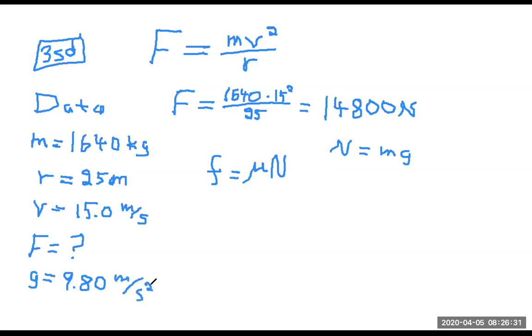Okay, so I could calculate mu if I knew the friction force, and I do know the friction force. The friction force is 14,800. That's what the road has to supply to keep the car on the road. And I have to figure out what is the normal force.